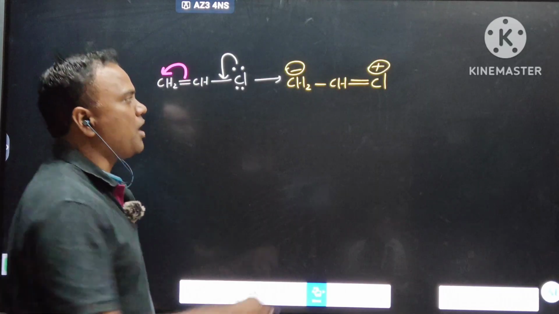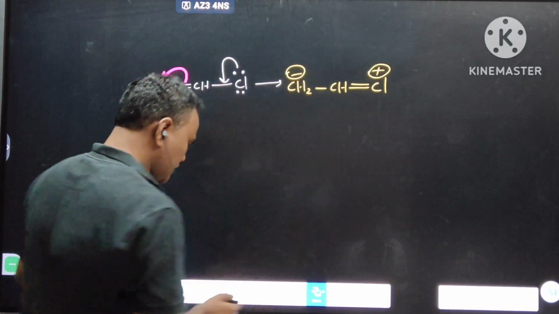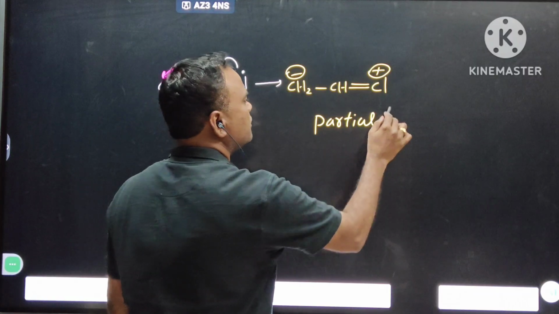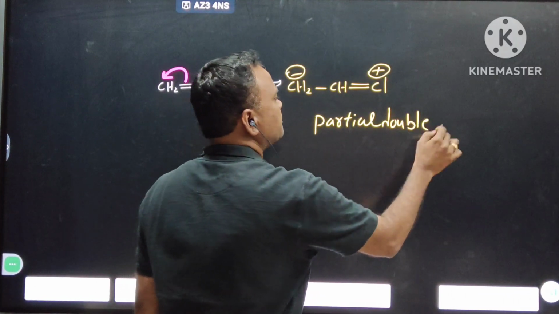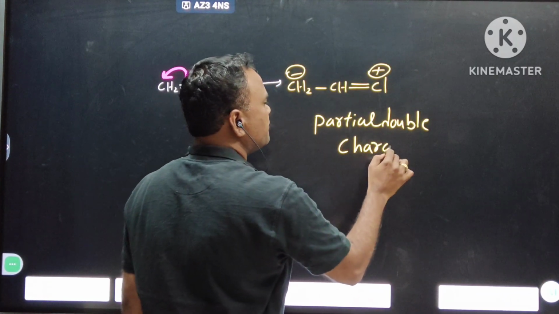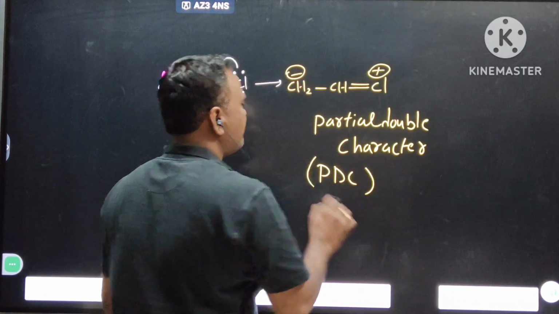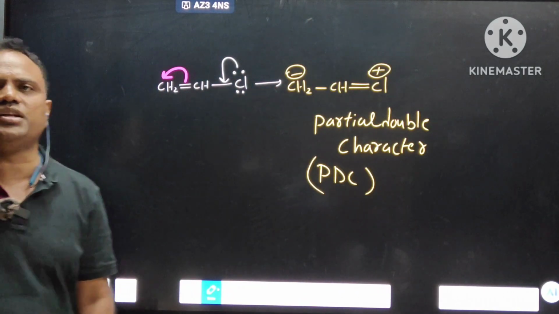This is called partial double bond character. The direct statement is: due to PDC, partial double bond character, vinyl halide does not participate in SN1.